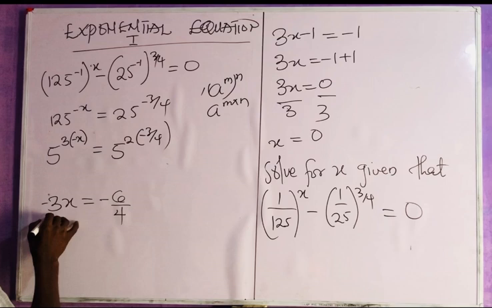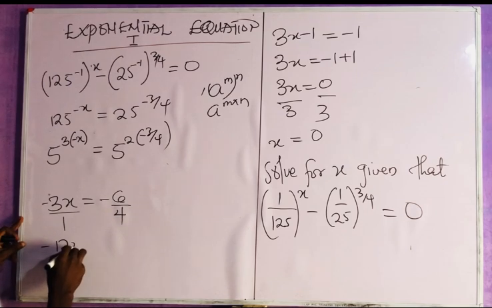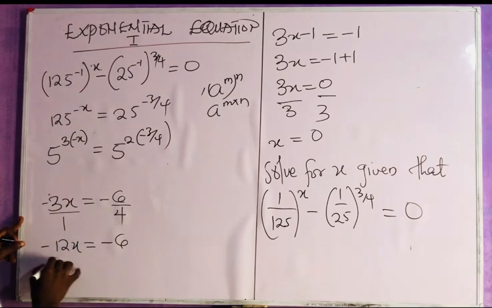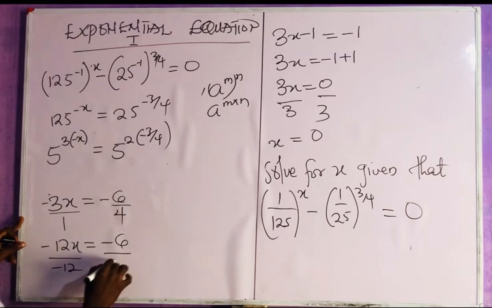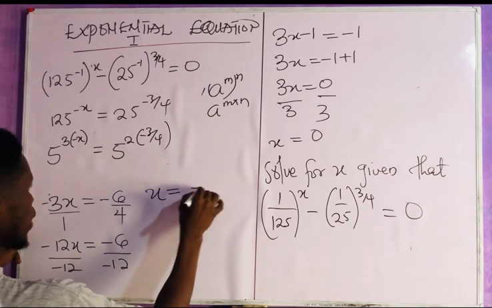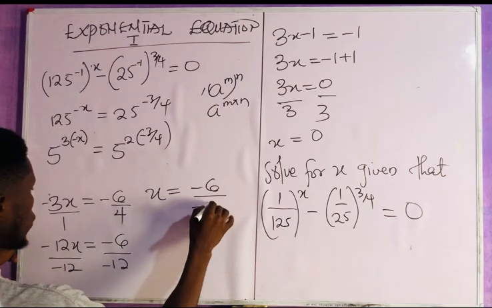So here we do cross multiplication. This time that will give negative 12x equals negative 6. So dividing both sides by negative 12, we have our x to be negative 6 over negative 12.